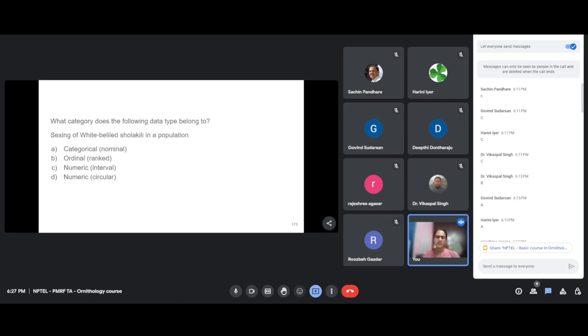Now, if you have sexing or molecular sexing of any species, it falls into two categories, male or female. Can you rank male or female? You can't. They are categorical and nominal, so the correct answer here is categorical. Sorry, Govind, you had raised your hand, did you want to add something to what Sachin had mentioned?